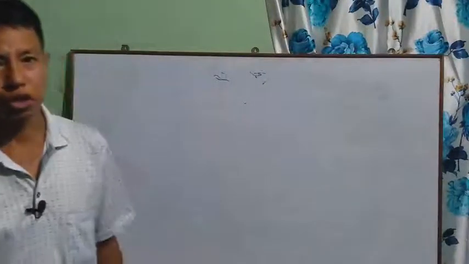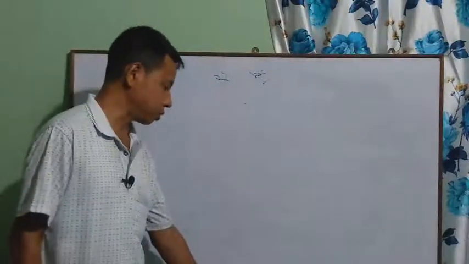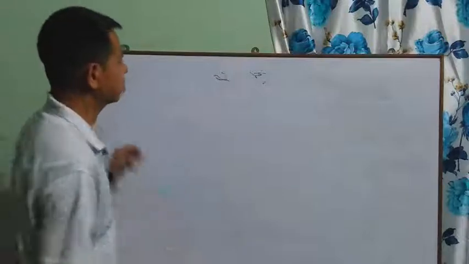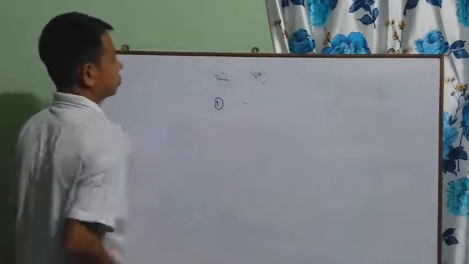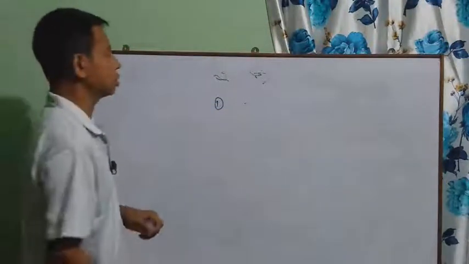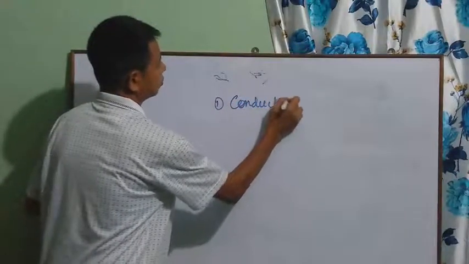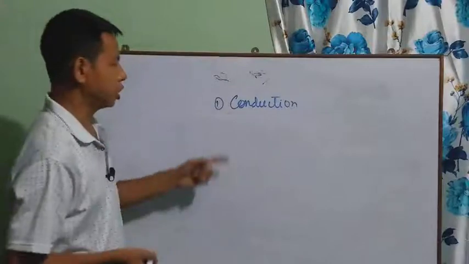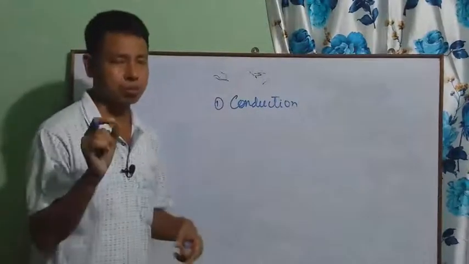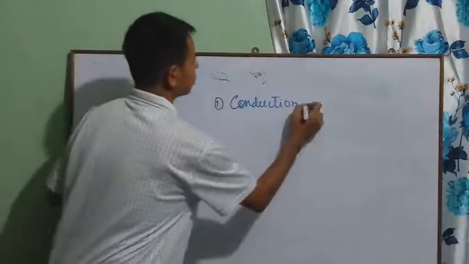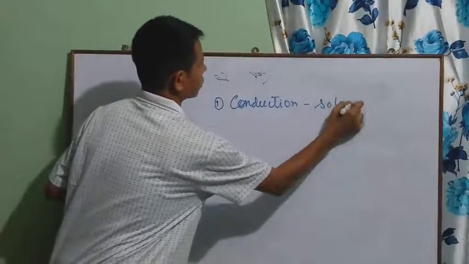Students, we will still continue with the transfer of heat, different forms of transfer of heat. If you can recall, the first one is conduction. In case of conduction, no movement of particles of that medium takes place, so it takes place in solid.